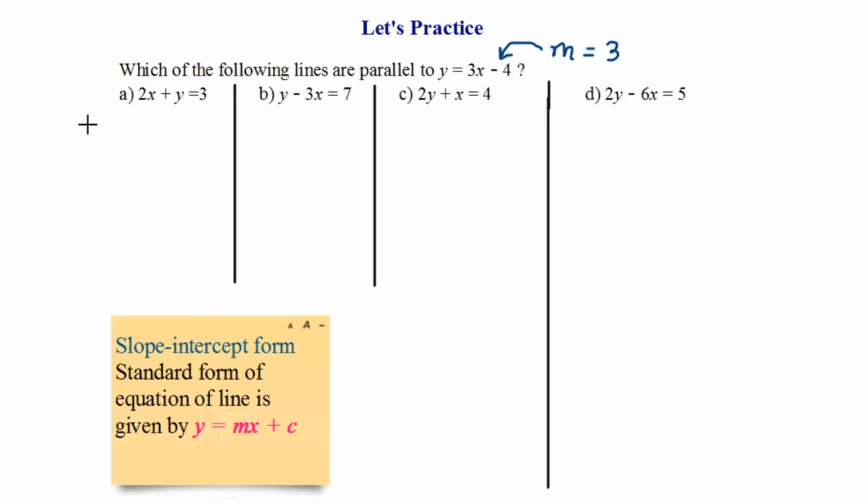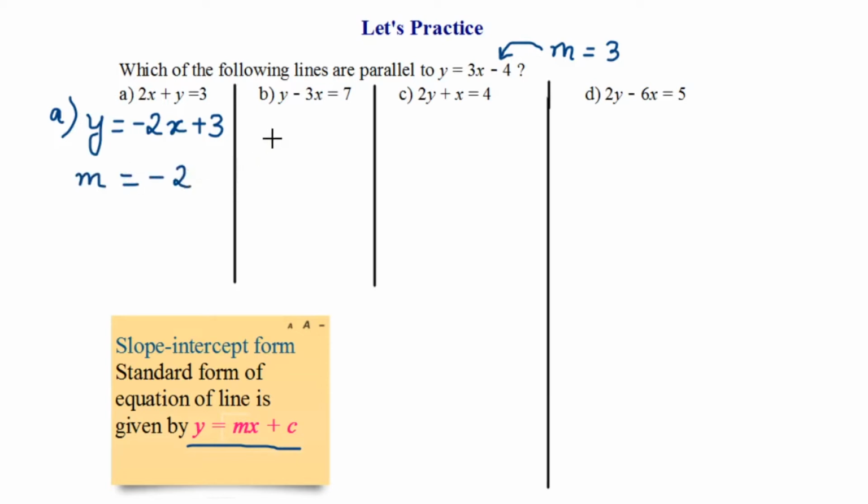Let's get started with that. The first line is 2x + y = 3. We will first get it in this form, that is y = mx + c. So keeping just the y term on the LHS, I get y = -2x + 3 and hence the coefficient of x, that is -2, is the gradient of this line.